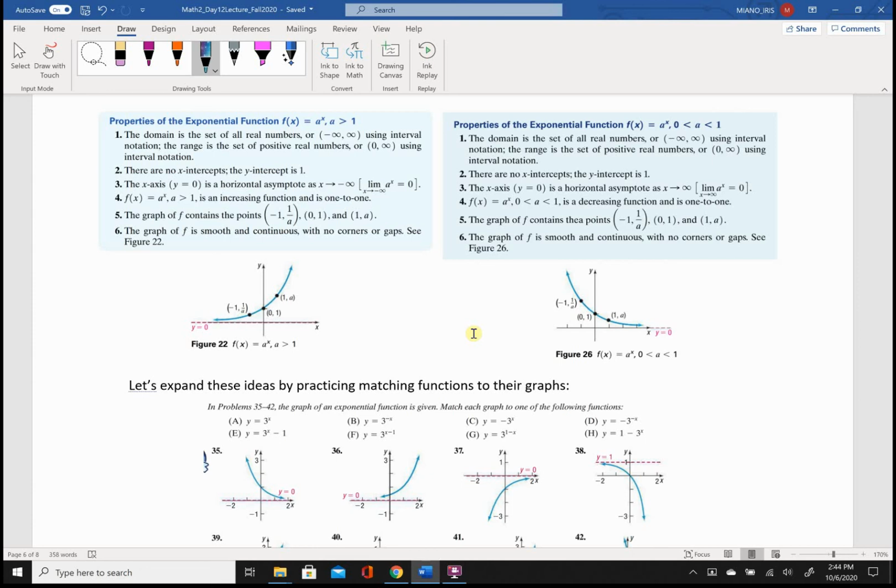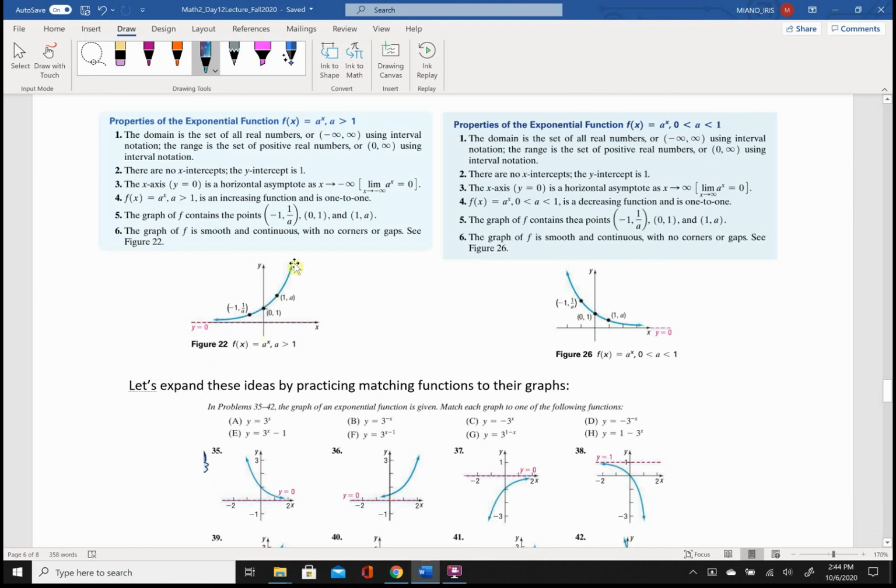Oh, yeah, actually, if you have stretching or compressing, you'll have that y-intercept happening either a little bit larger or smaller, depending on what the c value is, if you have one. But you know, these parent functions that are being mapped out here, they do not have a c value other than 1, and they have a base of a. That's the thing that we want to focus on here.